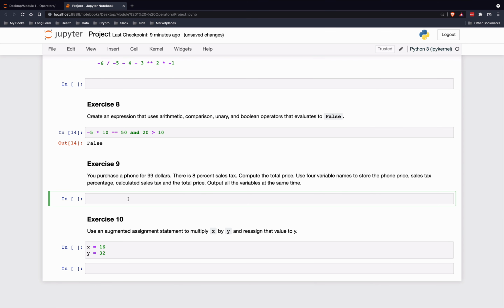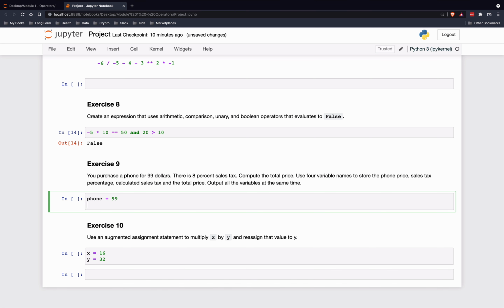Exercise 9, you purchased a phone for $99. There is 8% sales tax. Compute the total price. Use 4 variable names to store the phone price, sales tax percentage, calculated sales tax, and then the total price. Okay, so this is a practice of assignment statements. So we're going to say phone is assigned the value 99.